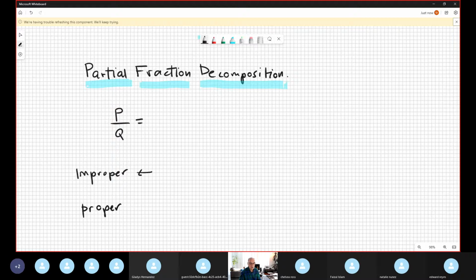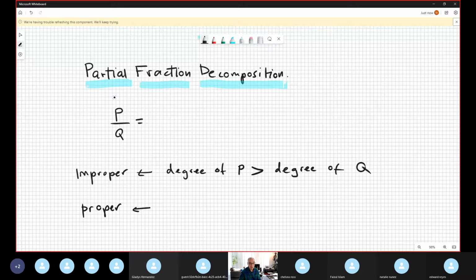What is improper and what is proper? Improper is when the degree of p is bigger than the degree of q.